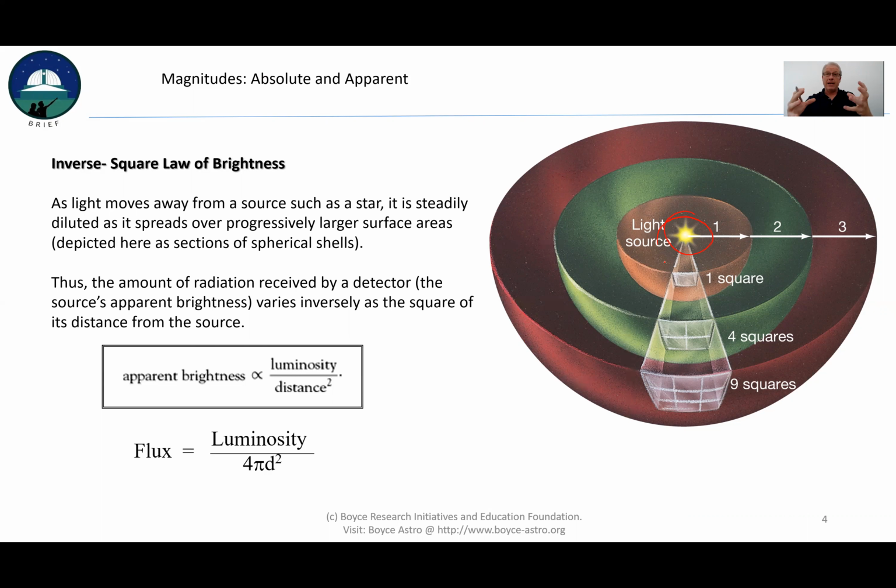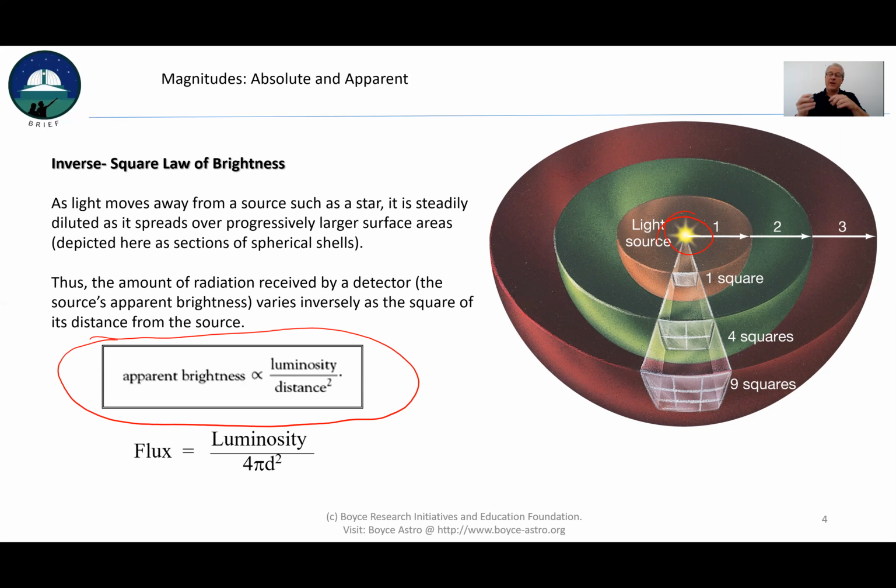And so this emanation becomes larger and larger as it goes out. As the same amount of light spreads, that's where we get the decrease in brightness over distance. So the amount of radiation received by the detector at our end, flux, varies inversely as the square of the distance from the source.